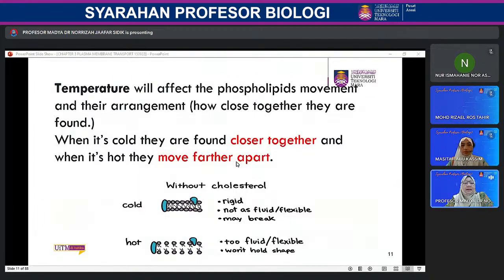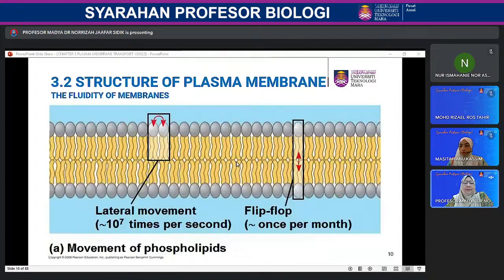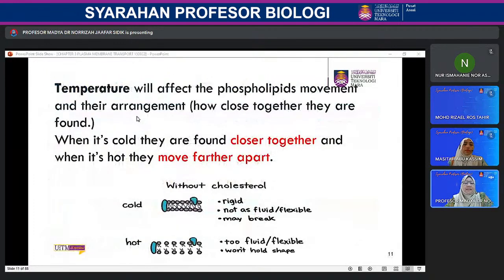Now we look at the temperature. The temperature has effects on the phospholipid movement and their arrangement. When the weather is cold, the phospholipids are found closer together.